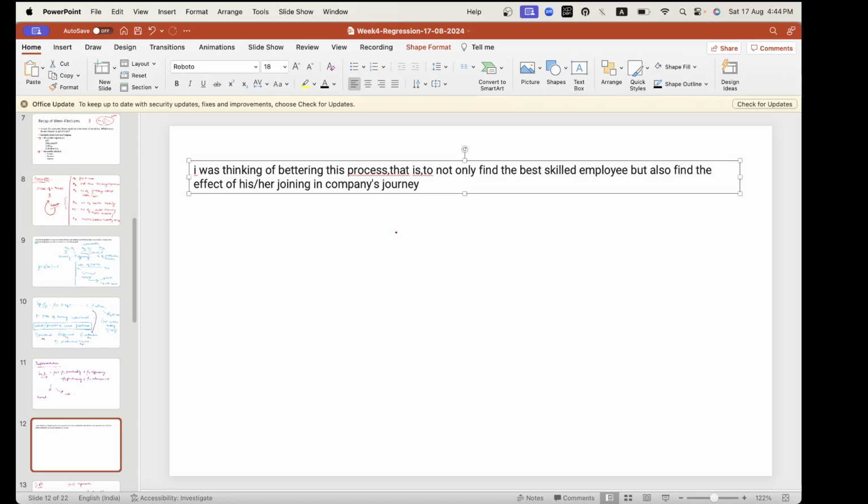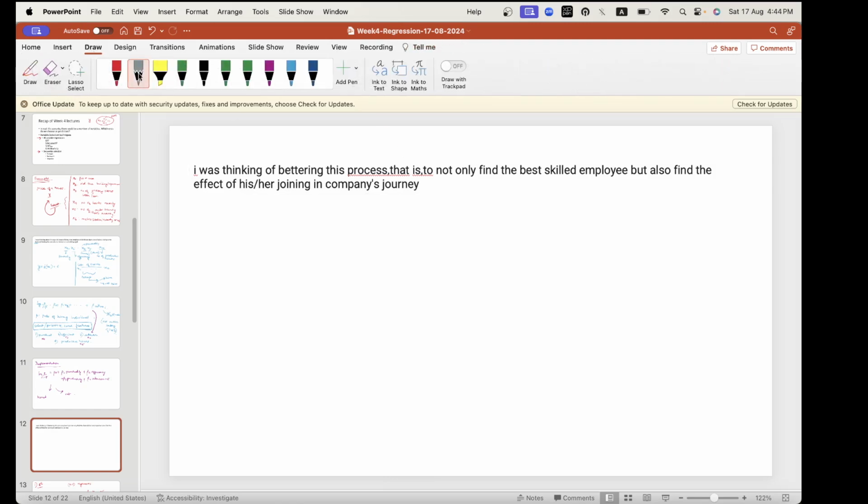I don't think it can be that straightforward in addressing, because if you want to track whether a person is skilled or not, and whether that person is affecting the company's growth or not, the main thing is you want to assess if they are contributing to growth or not. Okay, then that's a different scenario.